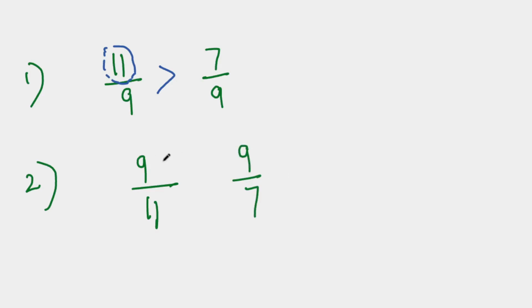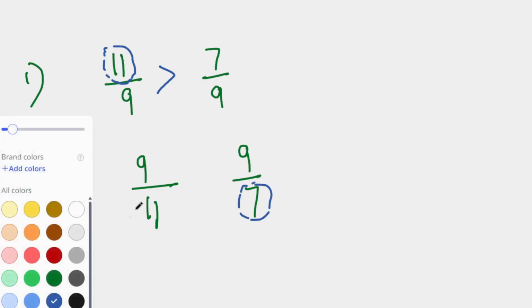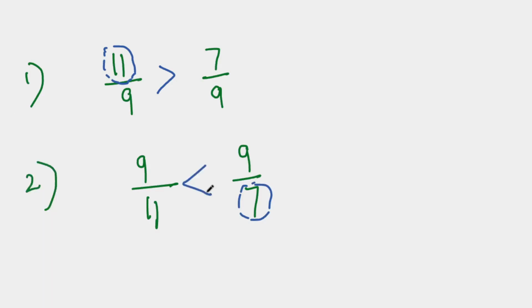When you have the same numerators, always check the denominators. The fraction with the smaller denominator is the bigger fraction. So in this case 9 by 7 is the bigger fraction and 9 by 11 is the smaller one.